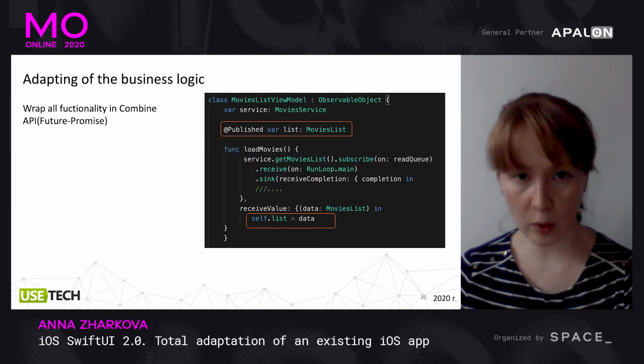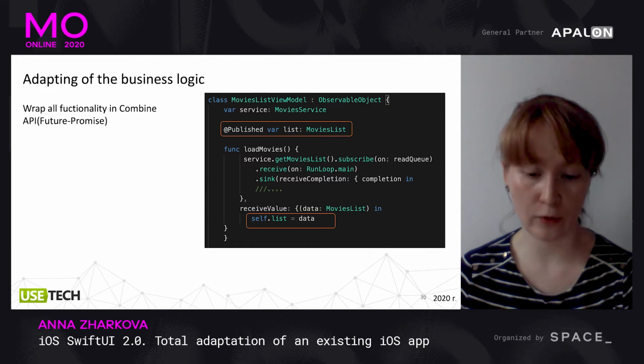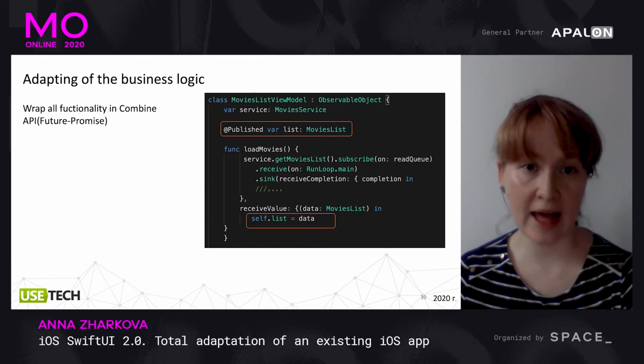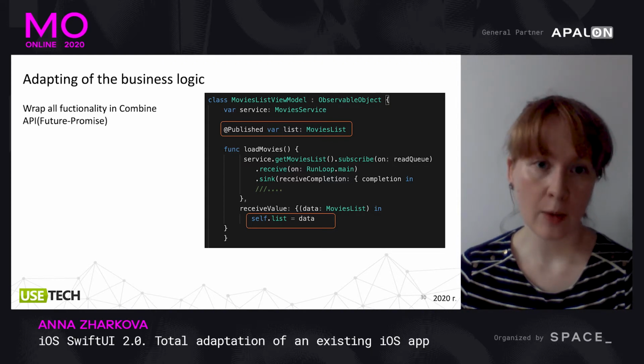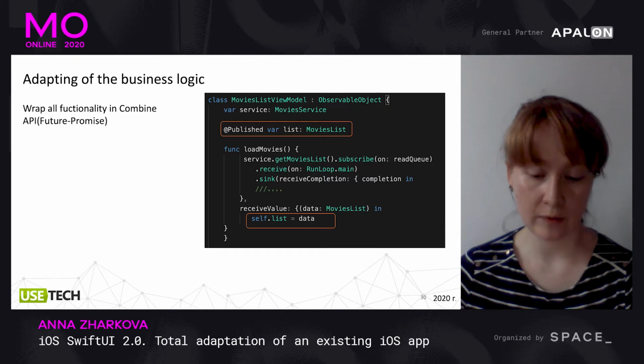We get it in our view model, and in the completion handler of this method we put the result into our published variable. Looks not so hard, but there is one question.